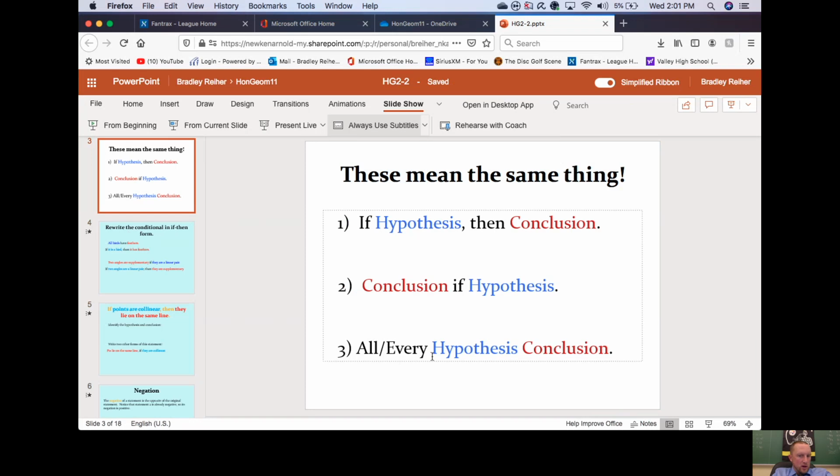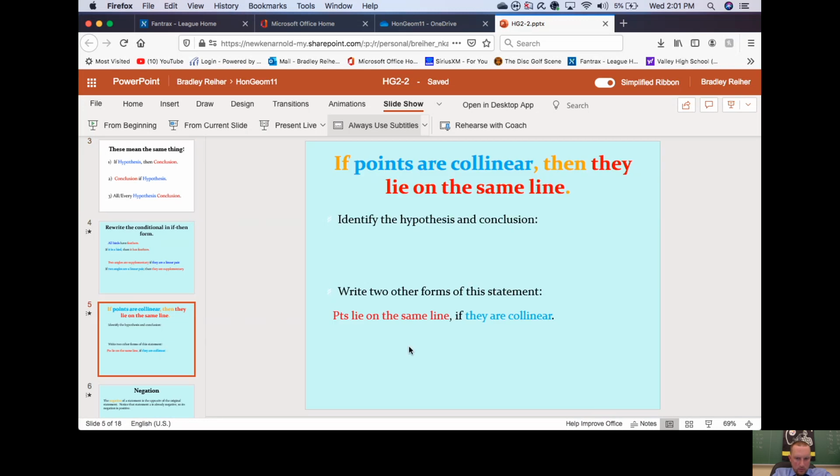Now we need to construct that same conditional to make it look like this third one. So we're going to say all or every blue, red. We're not using if or then.